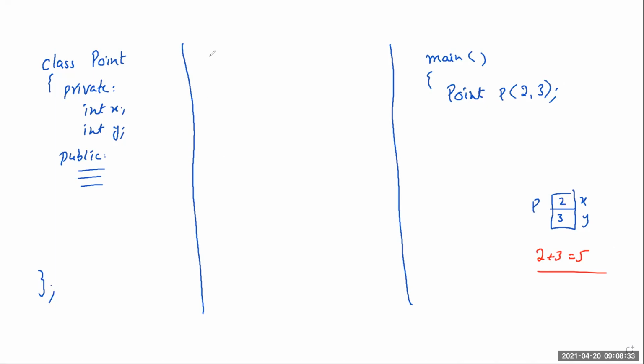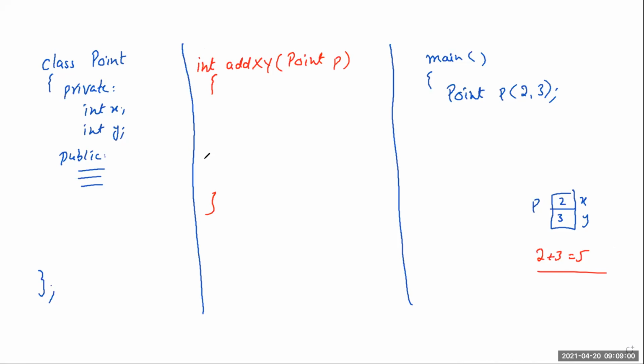Okay, so let me make this function in this part. This is not a part of the class. This is outside the class. Okay, so we say int, because when you add x and y, you get an integer. We give a name to the function. I call it add x and y. Okay, and we pass it a point object, say point p or whatever you want to call it.